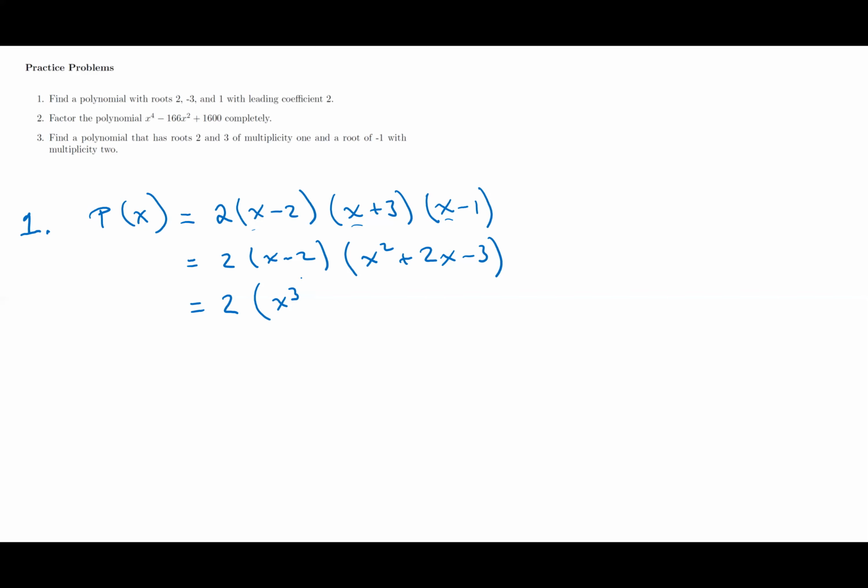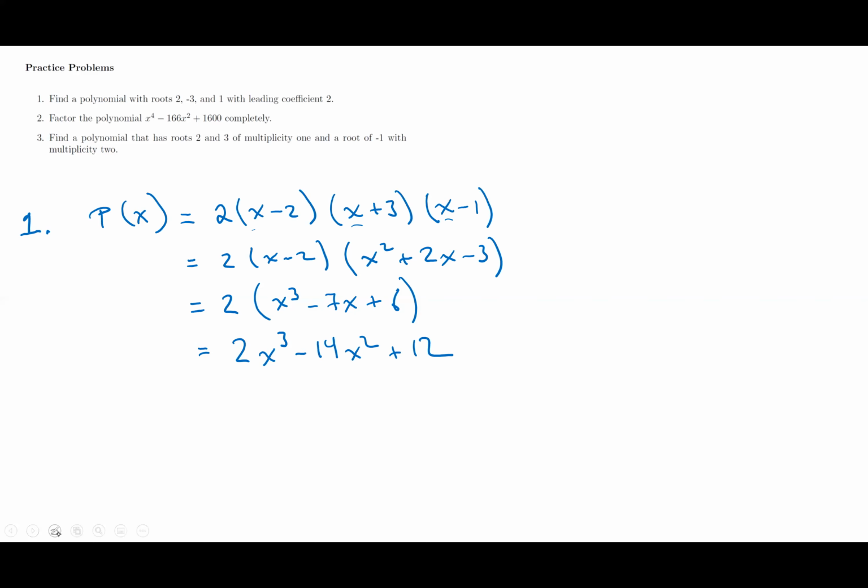My x's, I've got a negative 4x and a negative 3x, so negative 7x, and then plus 6, and then distribute that too. Sure enough, my leading coefficient is 2. Okay.